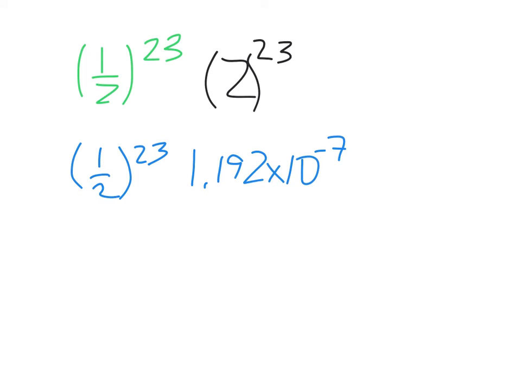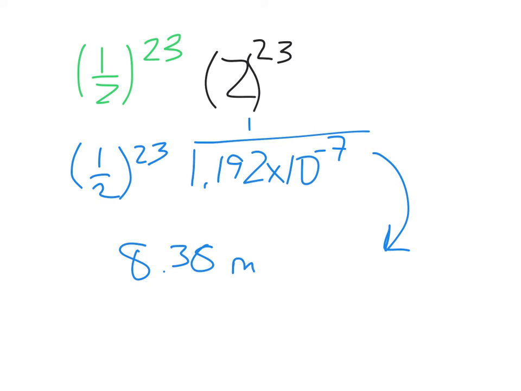If we take its inverse, 1 over that, that's something like, let me see, I did the calculation, 8.38 million. And that's how many different combinations there are. There are 8.38 million different combinations of chromosomes that can be put into a gamete of meiosis in humans. For any one person.